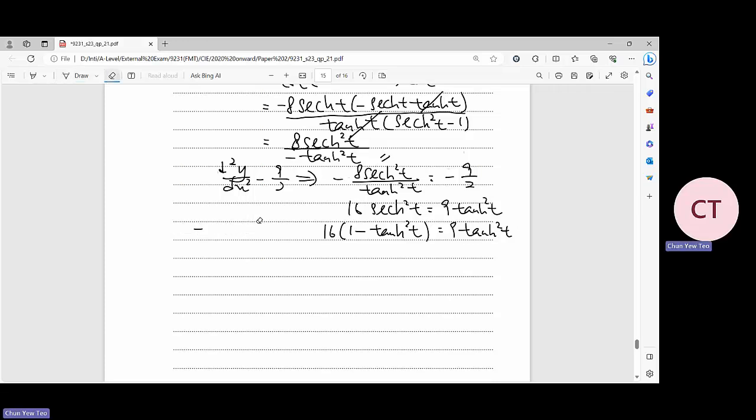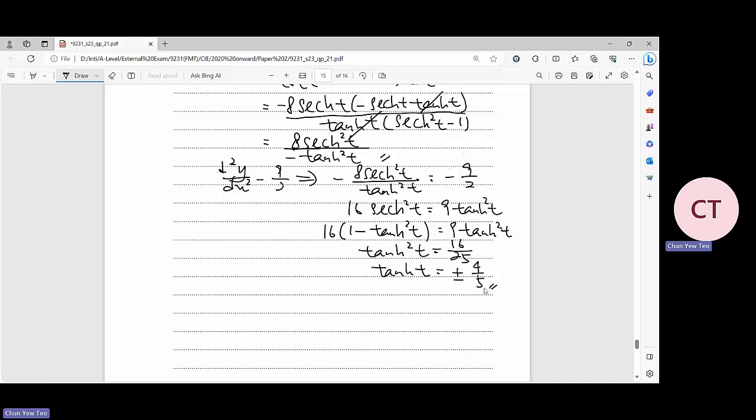Based on this identity, we can change it to this form. Then at the end, we can get tan squared t is 16 over 25. That means your tan t will be plus or minus 4 over 5, because this one is a square.